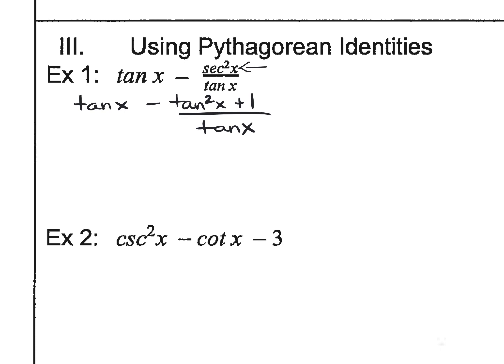Now, one of those pieces is a fraction and the other piece is not, which means we need to get a common denominator. Anytime you have two fractions like that, you've got to get them put together. All right? So what's the common denominator going to be? Tangent.